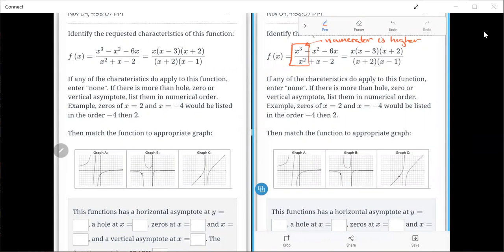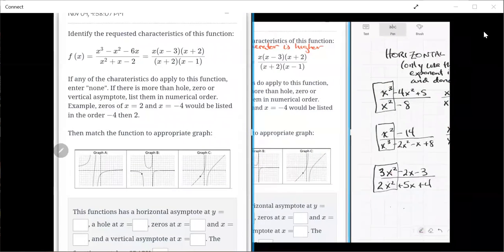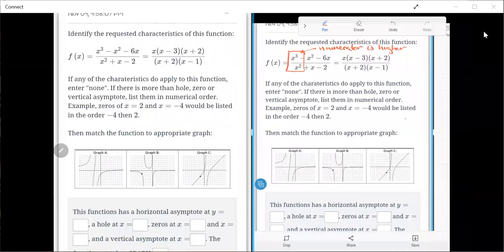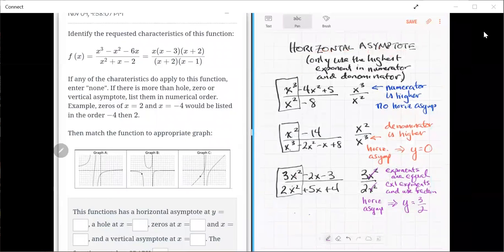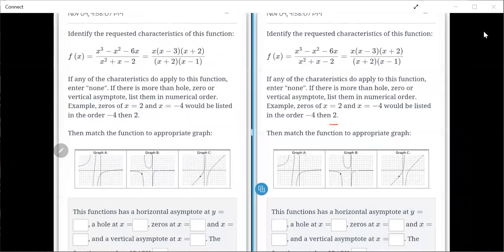If we go back and look at our notes, it's not going to let me go back, but let's remember that. The 3 is higher, so when the numerator is higher, there is no horizontal asymptote. Over here it says if they don't apply, answer none. So we're going to say y equals none.